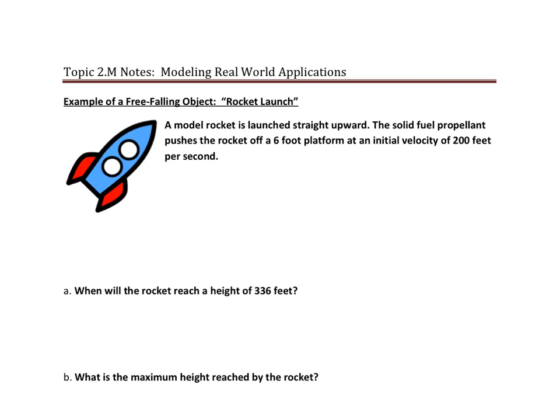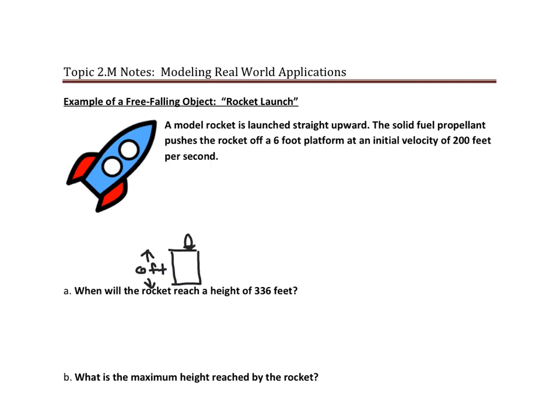All right, so I always recommend maybe doing a little sketch. So we have some kind of platform here, and that platform is 6 feet above ground. And we have our rocket here.